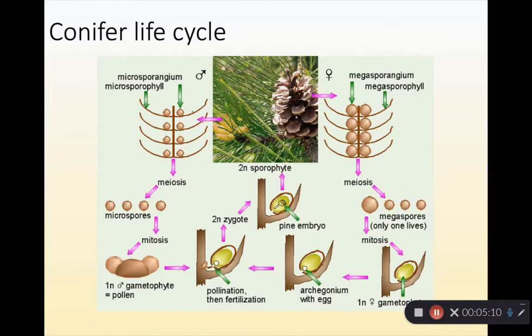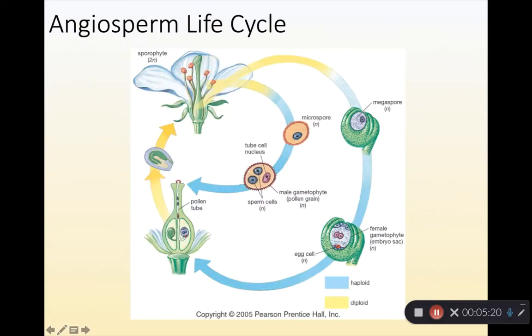However, that life cycle is going to look very different when we start moving into things that have seeds. And ultimately, a conifer life cycle where the seeds are exposed is going to look very different to an angiosperm life cycle. You've probably had biology courses that have gone through looking at reproduction of plants for those that have flowers and create seeds.